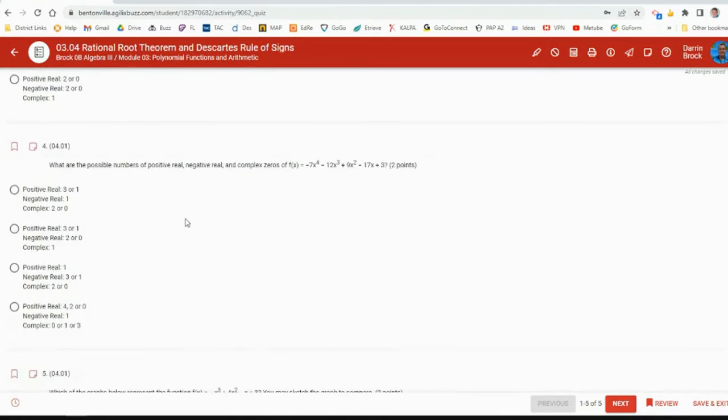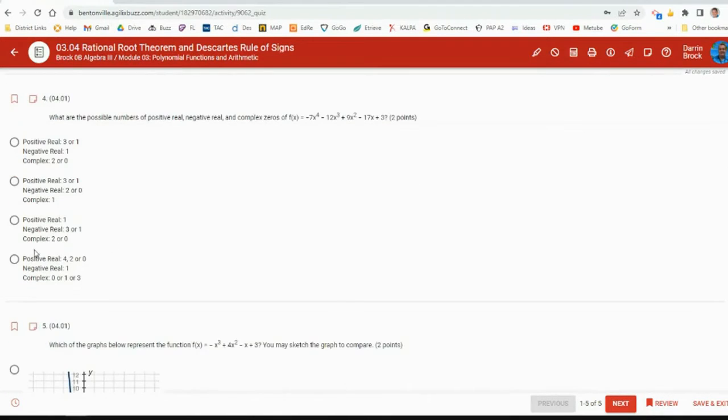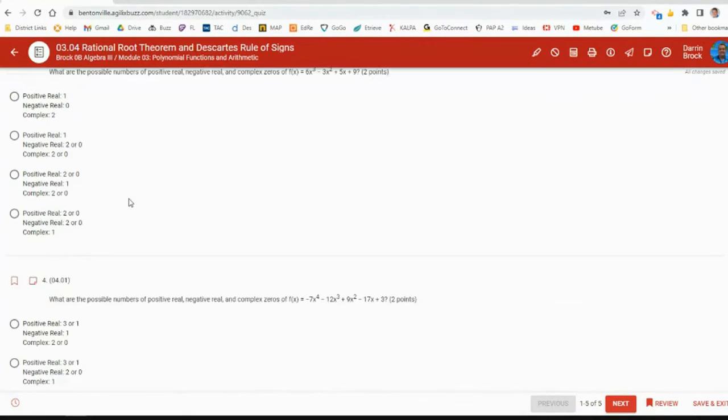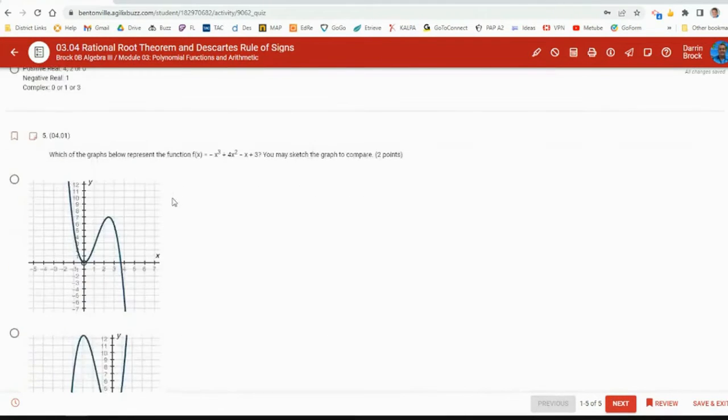So that's what these are asking for. It's not asking us to find exactly what they are, just to figure out what possibilities there are. Is it possibly 2 real and 2 complex, or 2 negative and 2 complex, or 2 positive and 2 negative? So there's 2 of those, and then the last one.